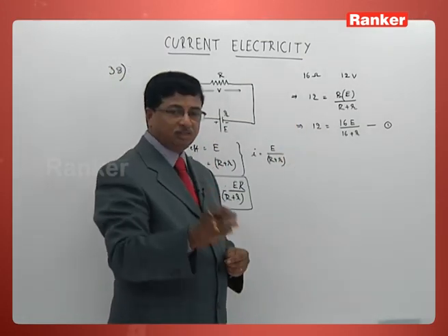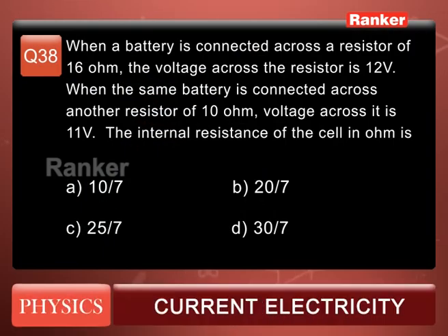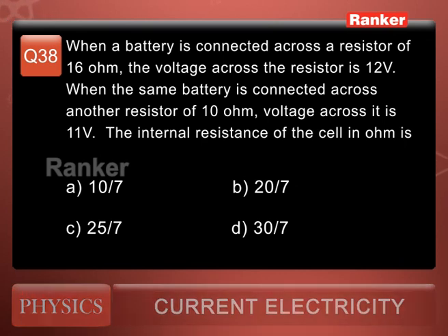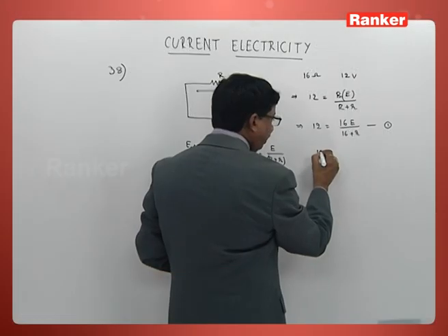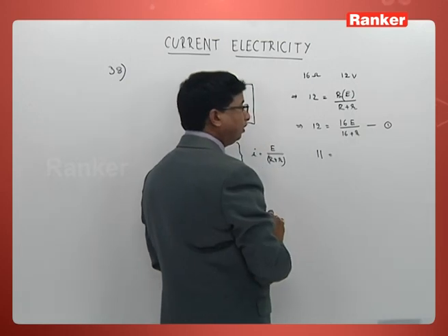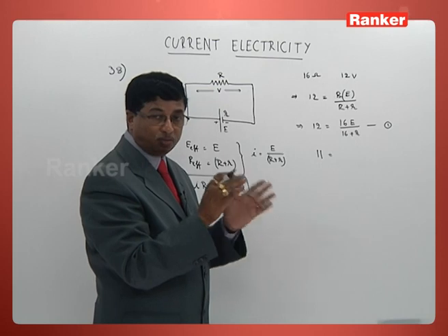Exactly like that, look at the second one. When the same battery is connected across another resistor of 10 ohm, voltage across it is 11 volt. So what should we write now? 11 is equal to 10 ohm, he said. Directly it is connected across a 10 ohm resistor.